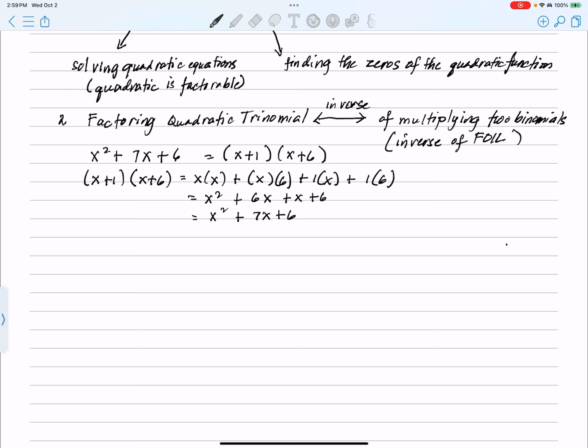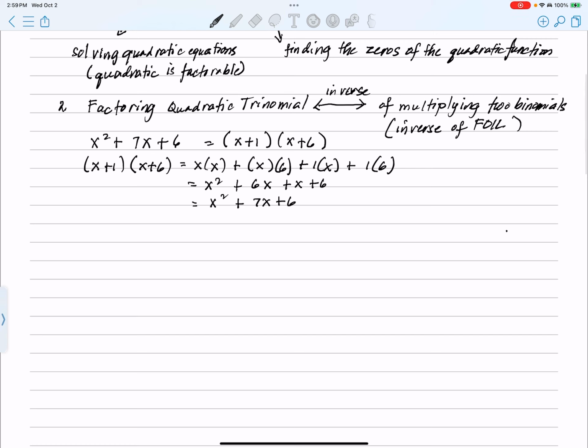Okay, what have you observed? Let's look at the first term. Our first term is x squared. Where did we get that x squared? Isn't it when we multiply the first term of the first binomial and the first term of the second binomial?